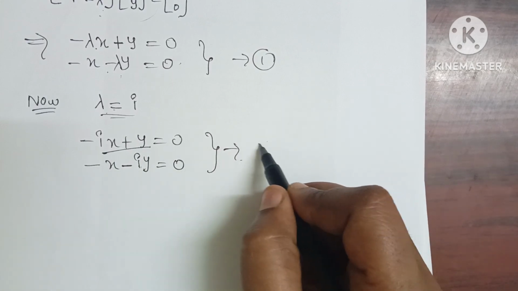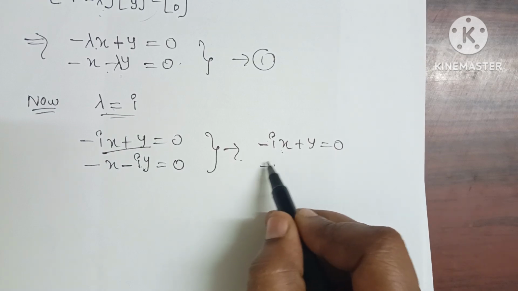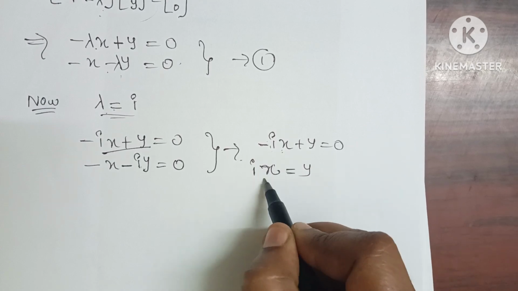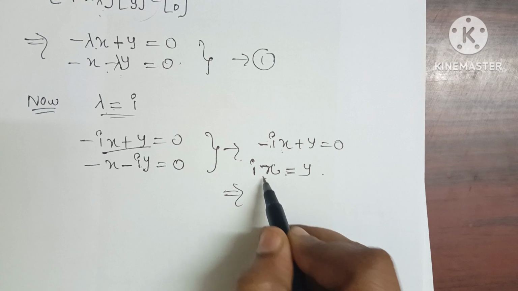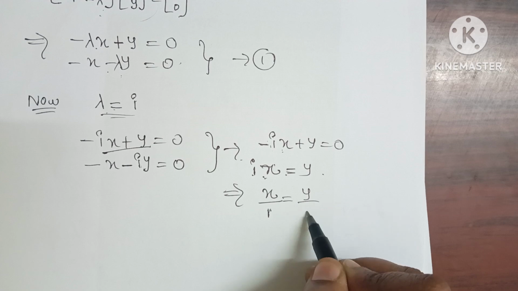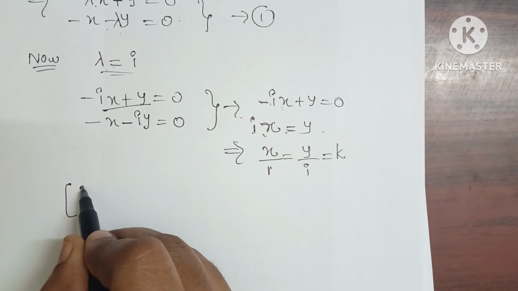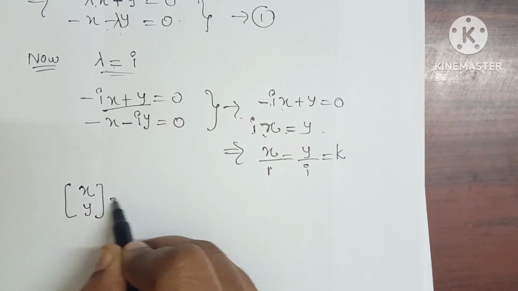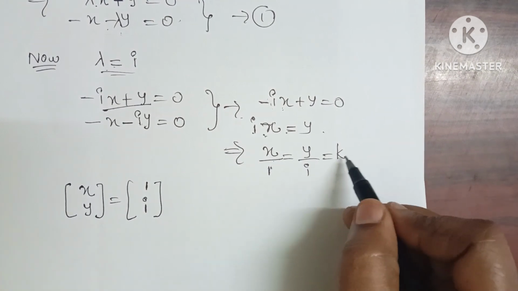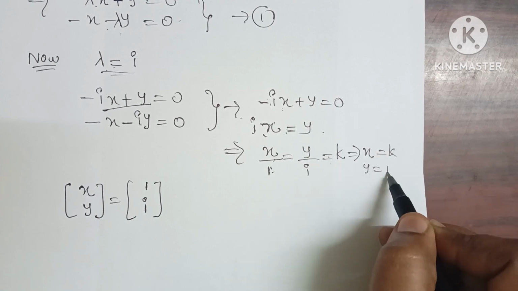Just considering the first one, we get minus I x plus y equals 0, or I x equals y, or x divided by 1 equals y divided by I equals k, so that the set of eigenvectors x, y equals 1, I. That is x equals 1 into k, y equals I into k.